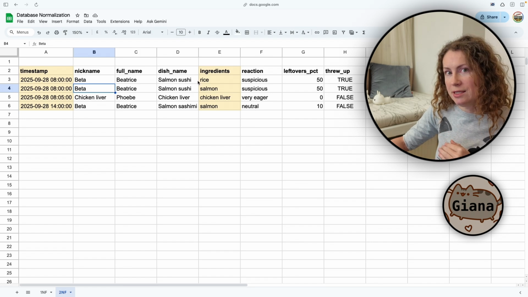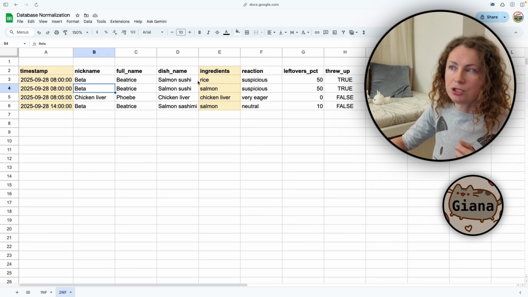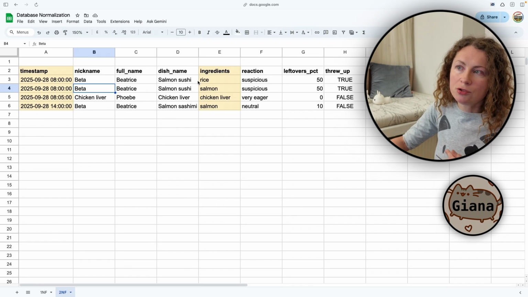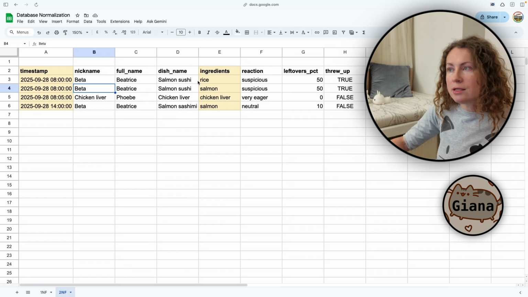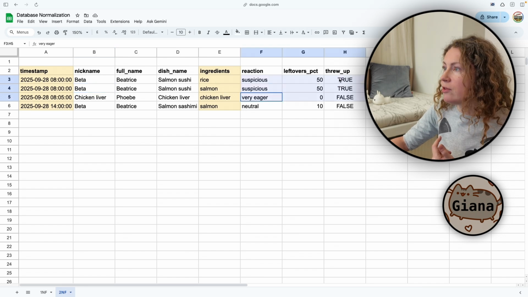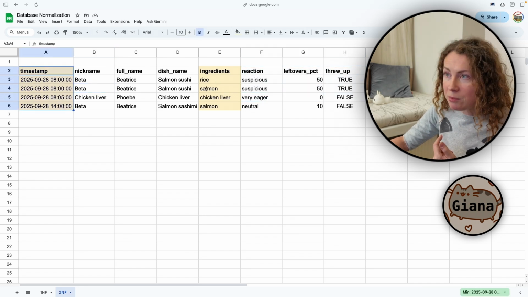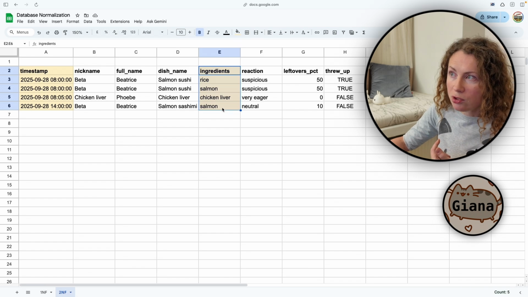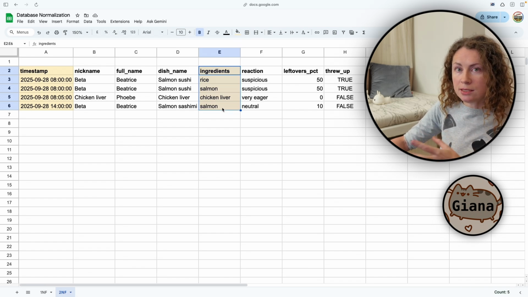So one of these things has to be separated into another table. And a partial dependency is a way to see where that other thing is that has to be separated. In our case, everything depended on timestamp and not on ingredients. And that is a sign that ingredients is that second thing that has to go out.